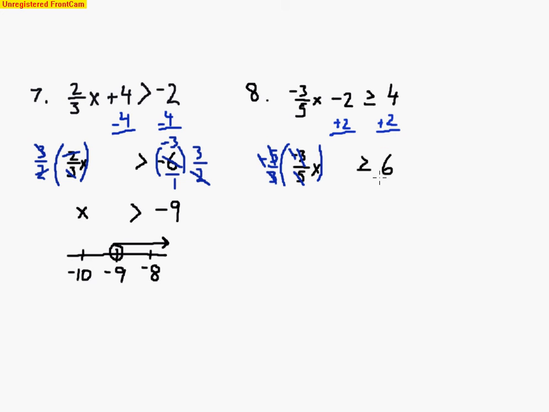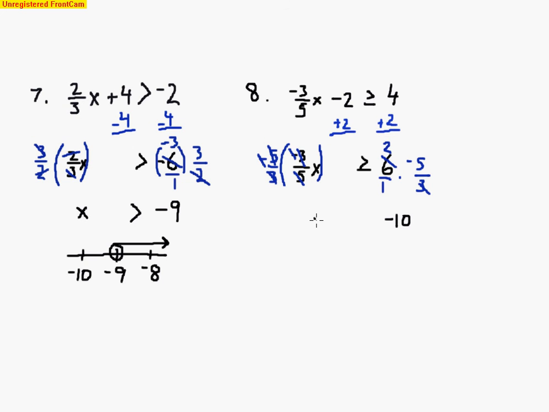On this side, treat 6 as a fraction, put it over 1, and multiply by -5/3. So you can see how the 3 goes into that 6 2 times, leaving us with a 2 times -5. And we can go ahead and multiply those two numbers, and we end up with -10.